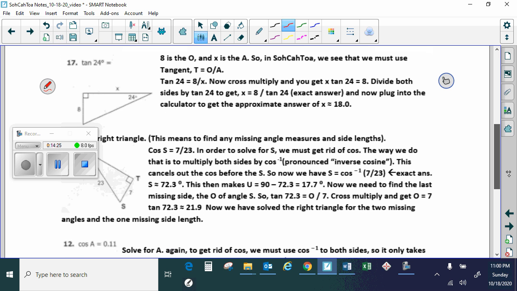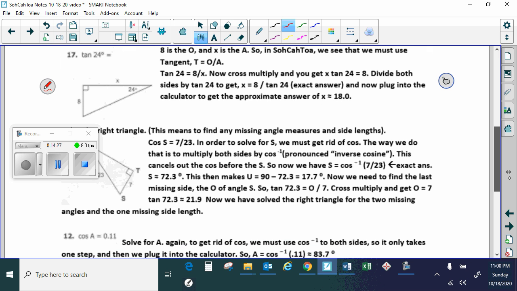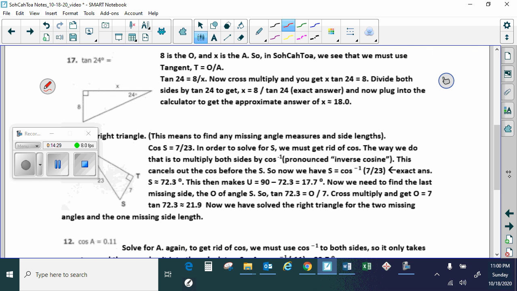Another one just asks what's the tangent of 24 degrees. So remember, tangent is opposite over adjacent. So opposite 8 over the adjacent x. Now if I want to solve for x, I would just cross multiply. I get 8 equals x tangent 24.